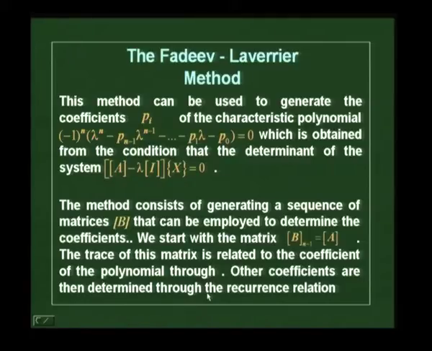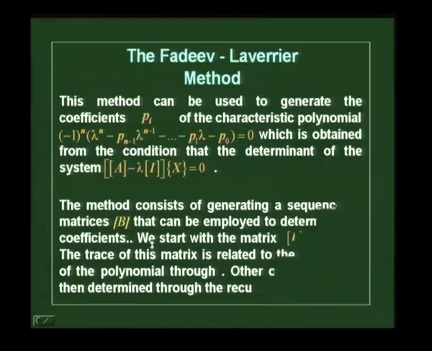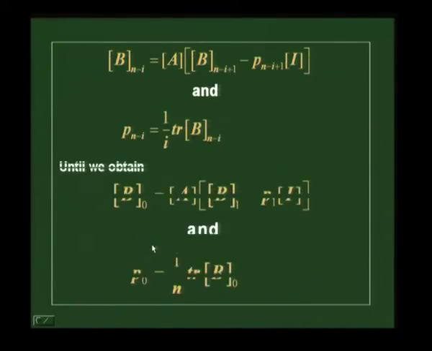Now the other coefficients are determined through a series of recursion relations of this form. The first one, B n minus 1, we just saw is A itself. Now B n minus I in general is constructed from B n minus I plus 1 by this relation.